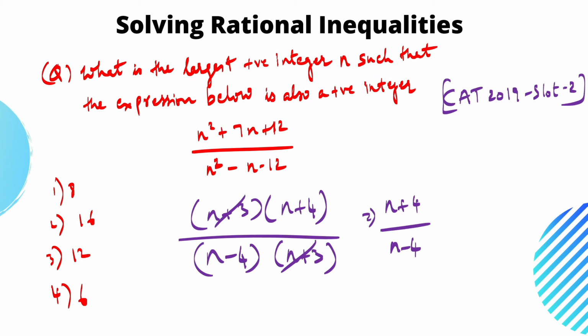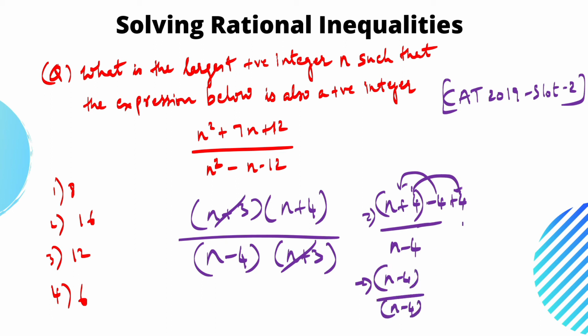So what we will do is subtract 4 and add 4 in the numerator. Now the 4 and 4 get added, and n - 4 comes here, so (n - 4)/(n - 4). The 4 and 4 added give plus 8 over n - 4. Now these two get cancelled, and we are left with n only in the denominator, so 1 + 8/(n - 4).